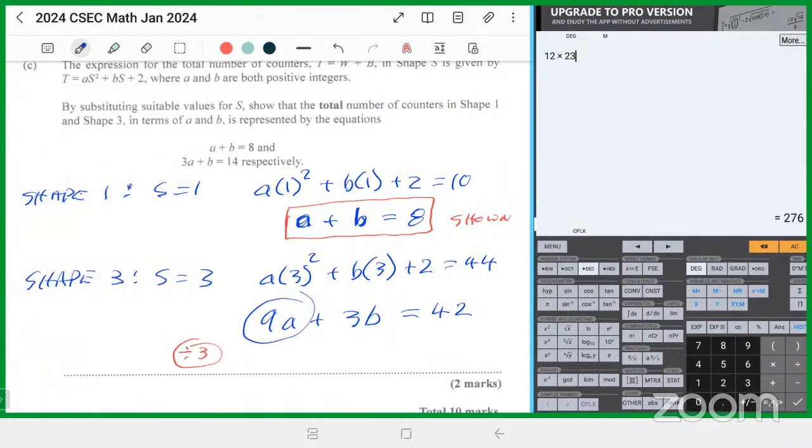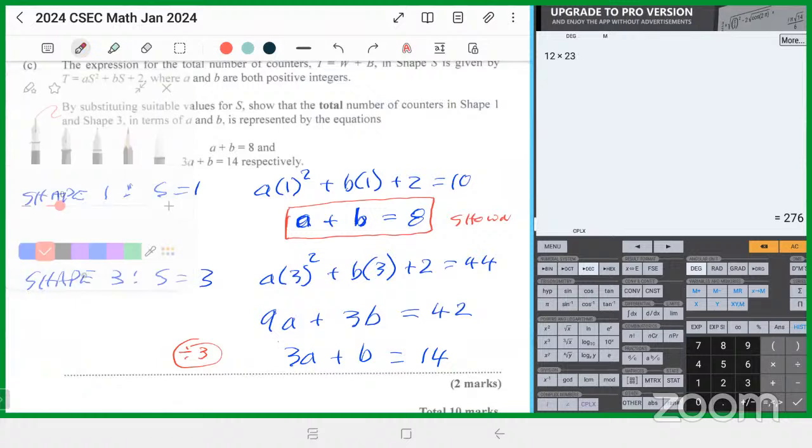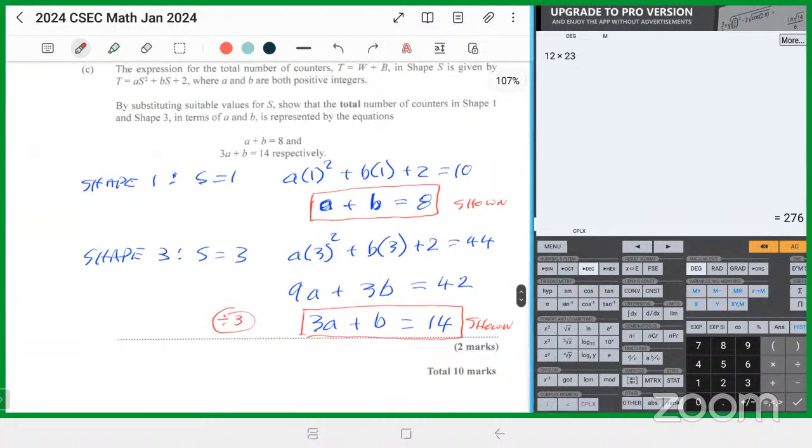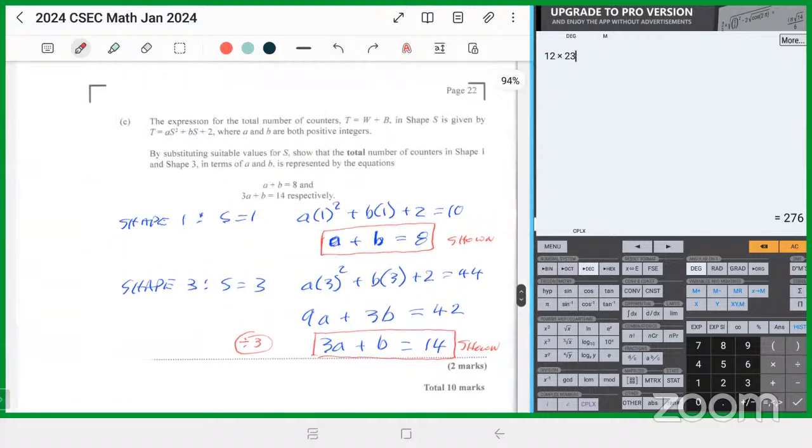Divide this first by 3, we get 3a. Divide this by 3, we get b. And 42 divided by 3 is 14. And so we have shown this second formula as well. And this question is done. So this is also shown. Question done. So that's the end of number 7.